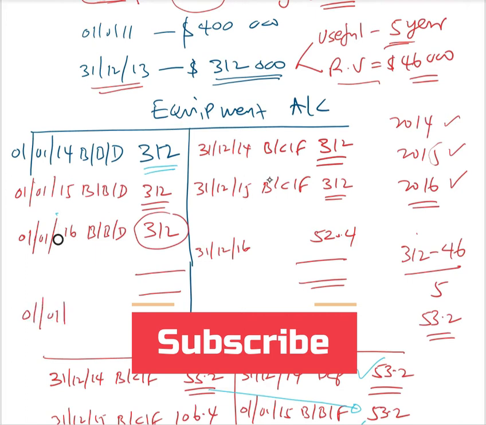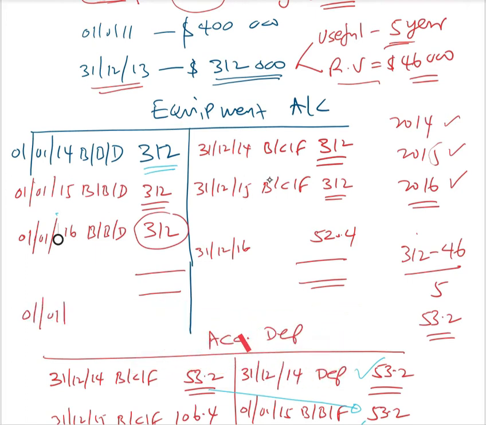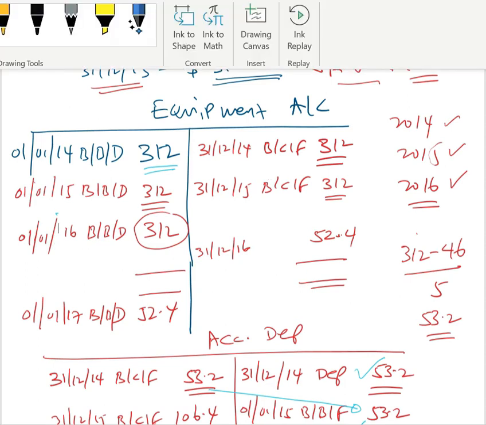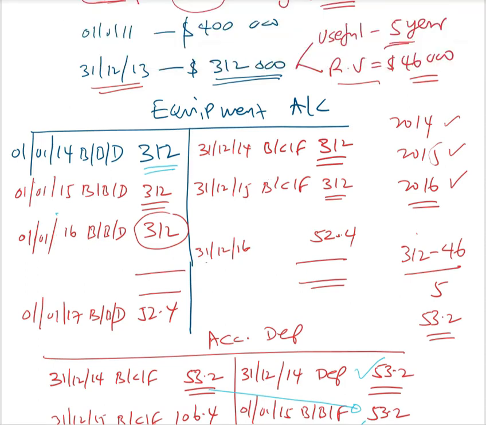So the equipment account balance as on 1st January 2017 should be how much? 52,400. So what is the carrying value as at 31st December 2016 of this 312?